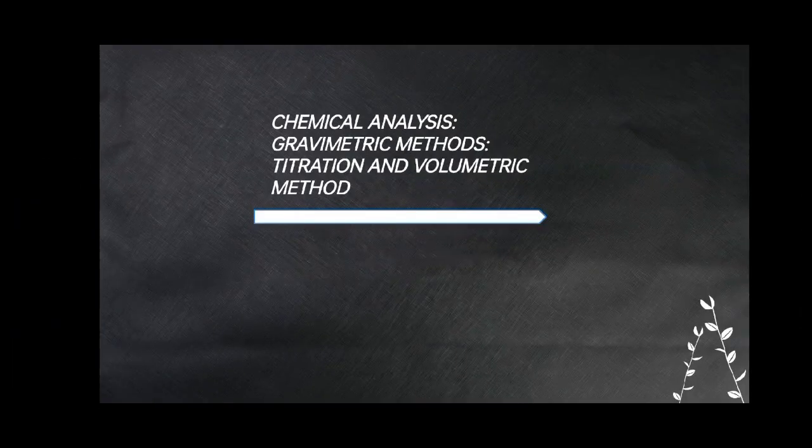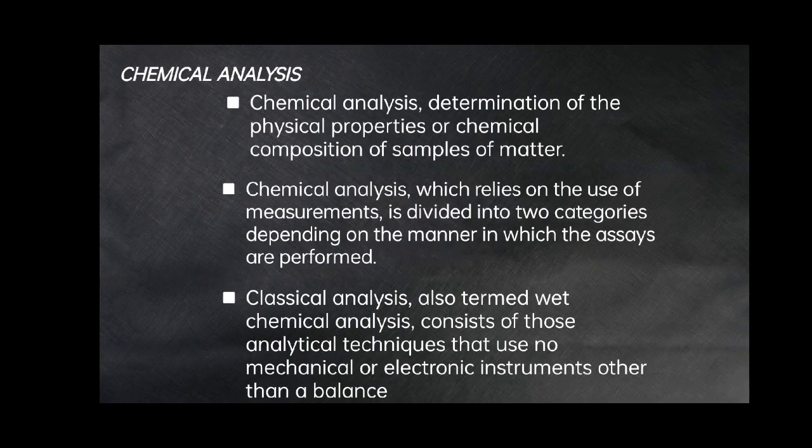Chemical analysis. Gravimetric methods, titration and volumetric method. Number 1. Chemical analysis is the determination of the physical properties or chemical composition of samples of matter. Number 2.